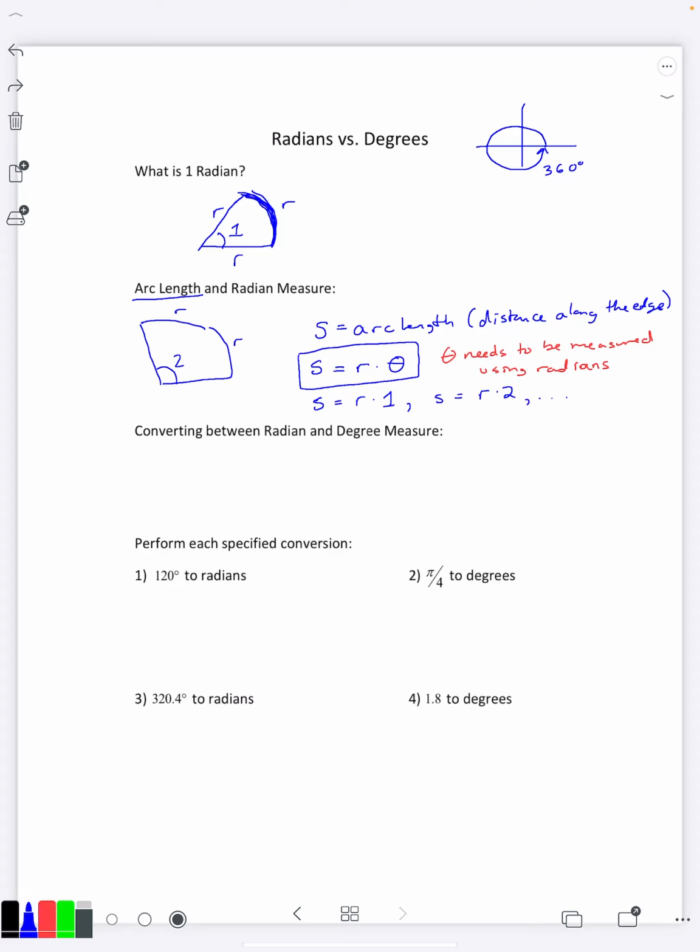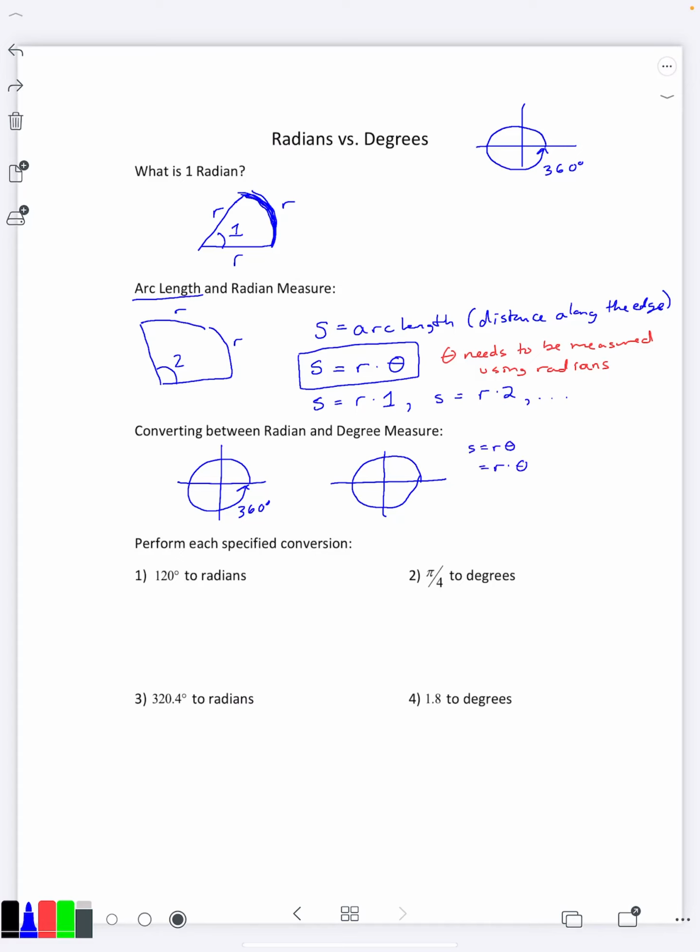Well, we've already said that one full circle is 360 degrees. So we have the degree measure for one full circle. Now let's find the radian measure for one full circle. Well, we have the formula S equals R theta.